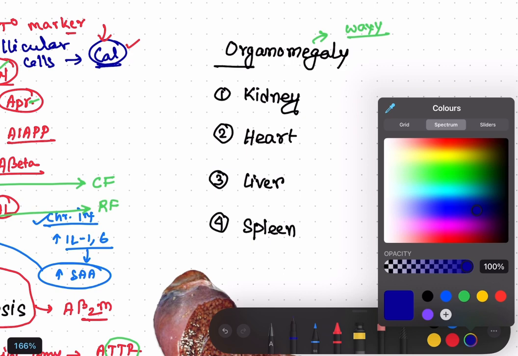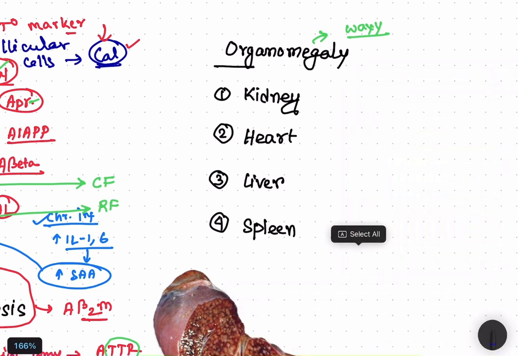They will ask you what is the most common organ affected in amyloidosis. It is kidney, and the earliest feature is seen in the mesangium. So the mesangium is the earliest part of the kidney to be involved. Gradually, glomeruli and tubules will get involved.